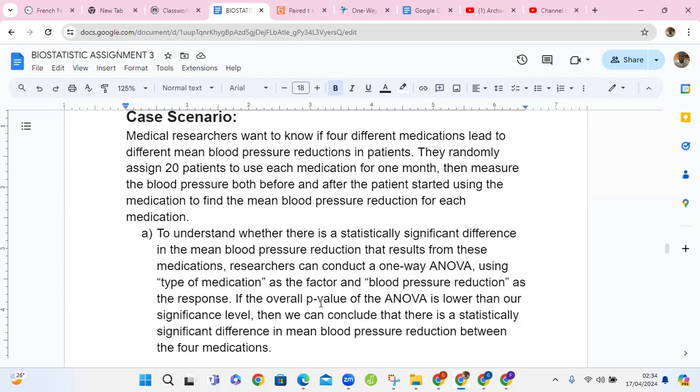So if the overall p-value of the ANOVA is lower than our significance level, we can use 0.05, then we can conclude that there is a statistically significant difference in the mean blood pressure reduction between the 4 medications, because the null hypothesis will be rejected, and you conclude with the alternative, which is saying that there is a significant difference in the means.